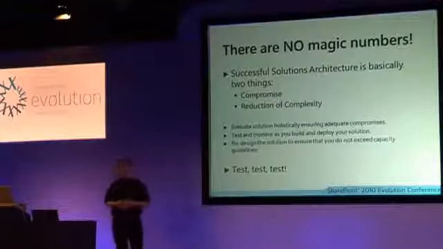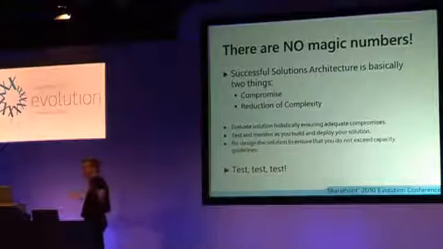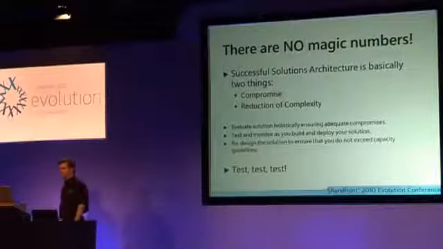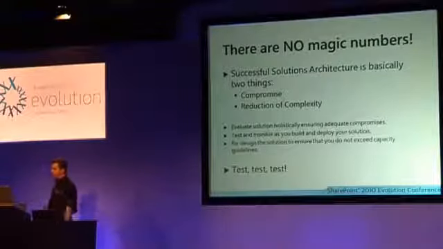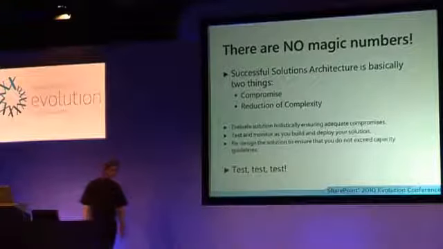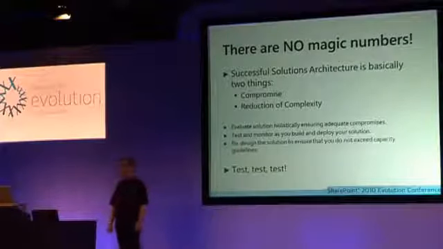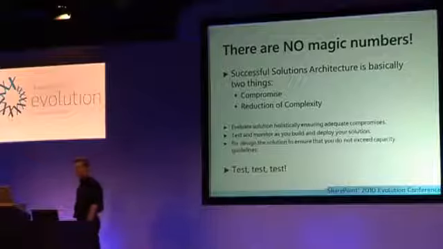So you need to evaluate the solutions holistically. Look at it from across the board and make sure you factor everything in, make the compromises necessary. And it might sound weird, but you should actually test stuff and see how it plays out and change it based on the results of the test.